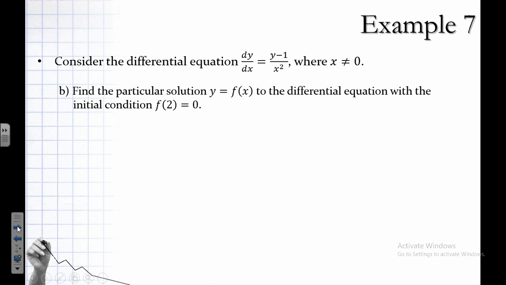Okay, so let's find the solution to this. Separation of variables. Do you agree? Okay.